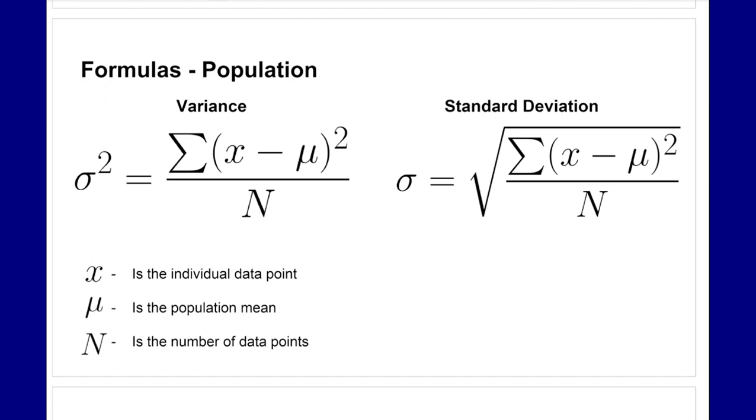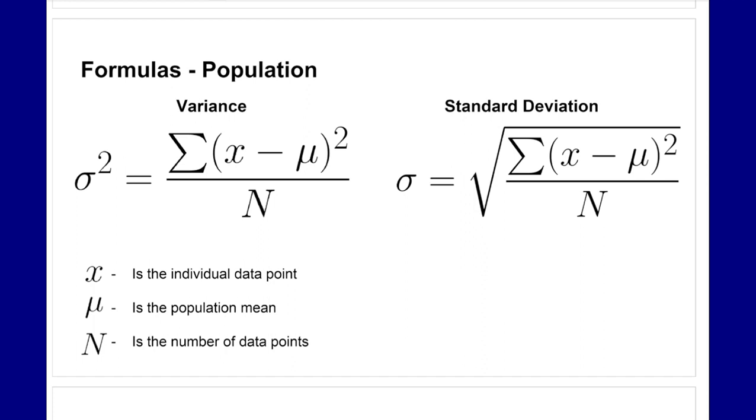So we have our standard deviation or variance. I believe it's lowercase sigma, I'm not too sure what the Greek letter is, but we're going to focus on standard deviation because we don't really use variance.